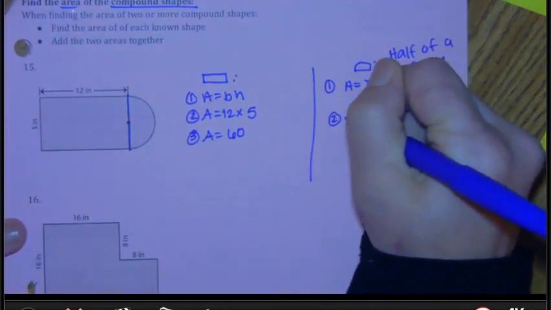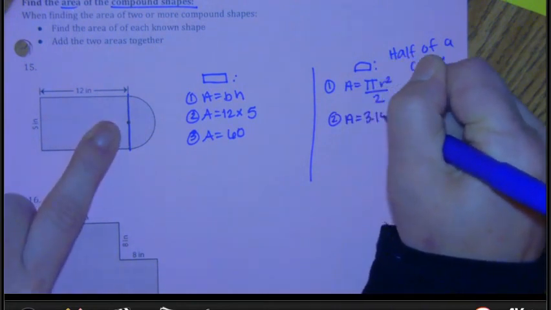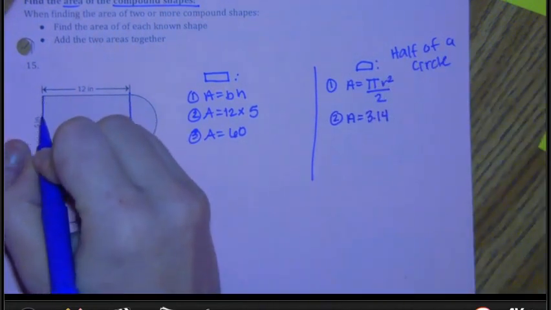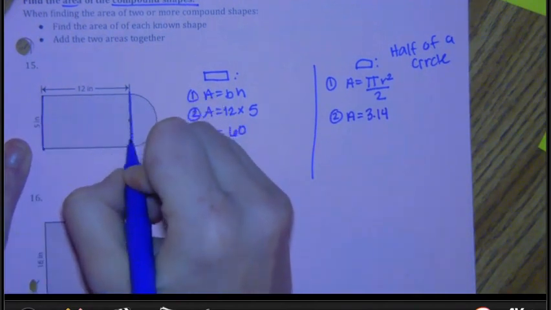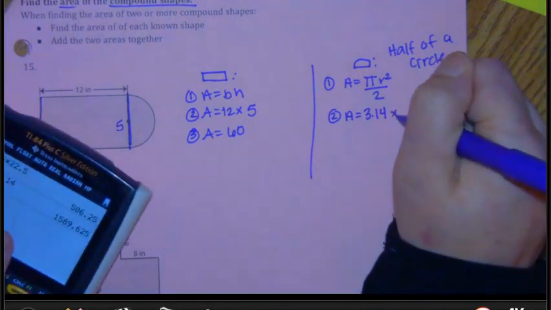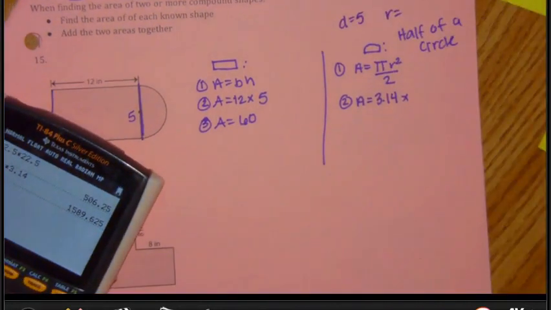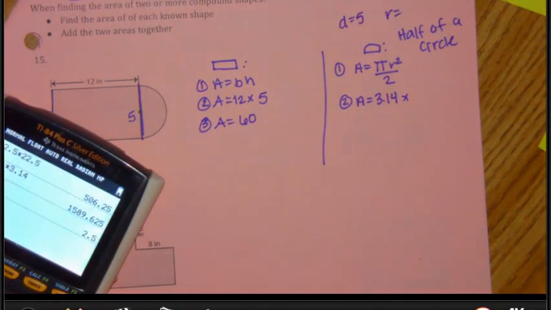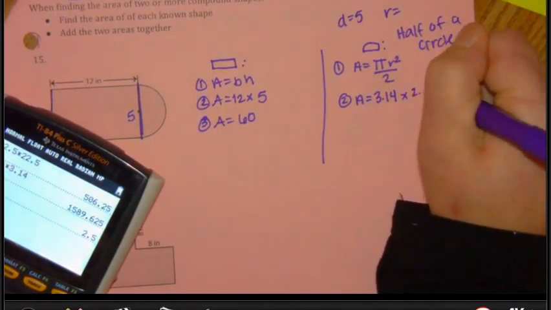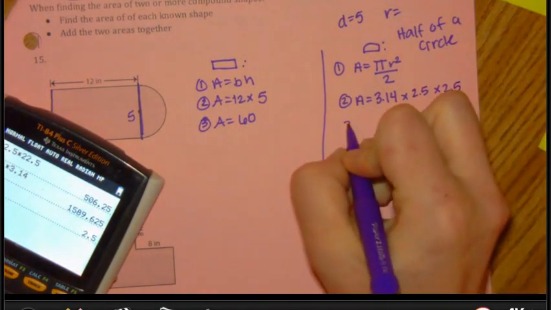So step 2 is to plug in what I know. So area is equal to 3.14. Well, since my 5 is here, I know this is going to be 5. Well, that's my diameter. Okay, so diameter is 5, which means I need to find the radius. So 5 divided by 2 is 2.5, and I multiply by 2.5 twice.